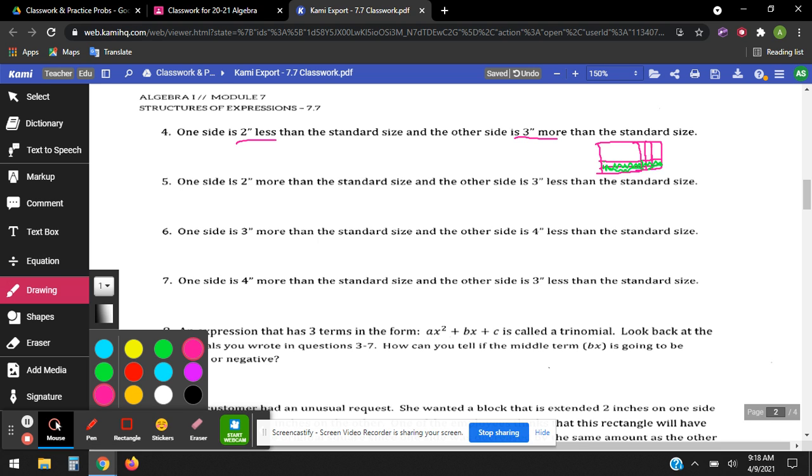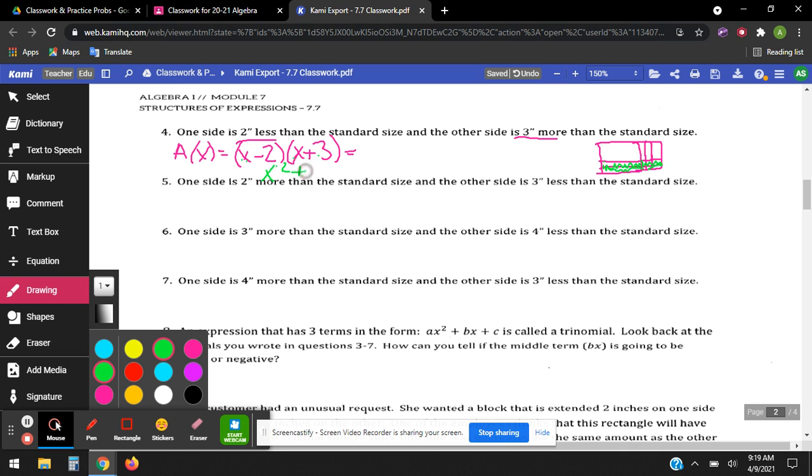Okay, so when we do this, A of x equals x minus 2 times x plus 3. So when I go to figure this one out, I'm going to do my not simplified one in green here so we can tell the difference. So I have x squared, that's these guys.